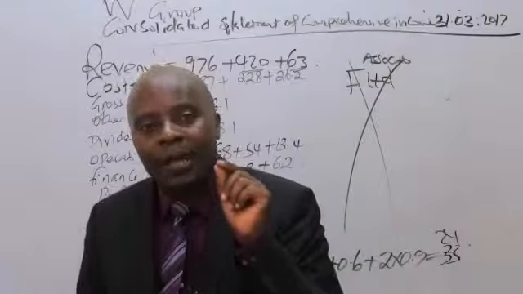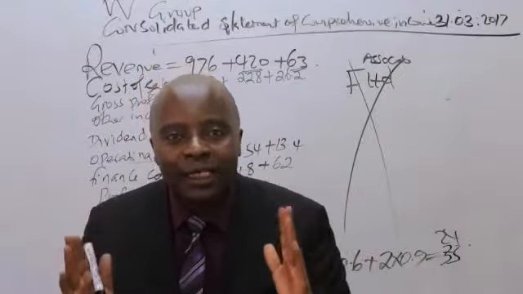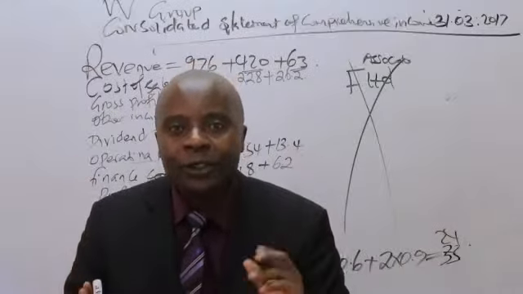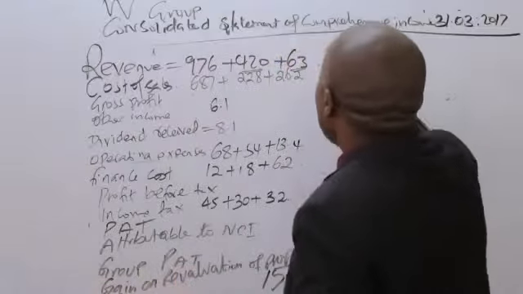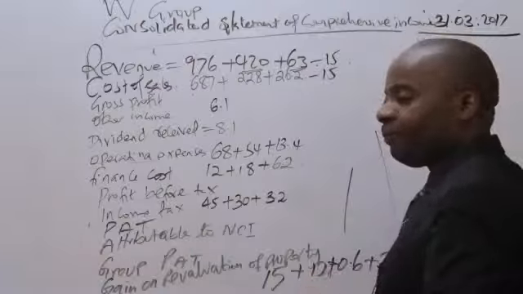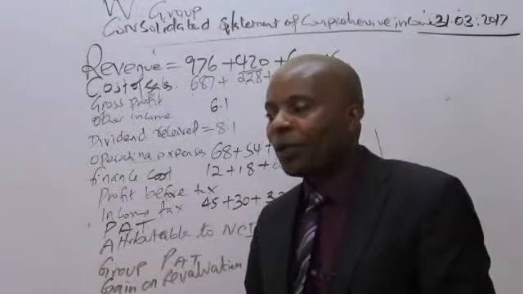Ladies and gentlemen, remember that intra-sales should always be deducted from the group sales and the group cost of sales. So come to the group sales here and subtract 15, and in the cost of sales subtract the 15 there. What have I said?